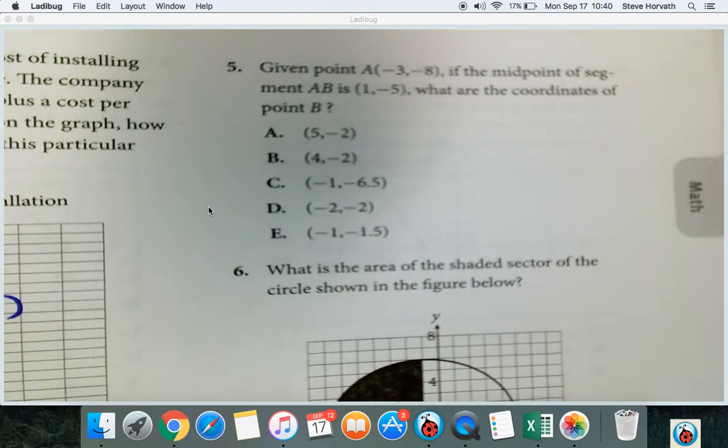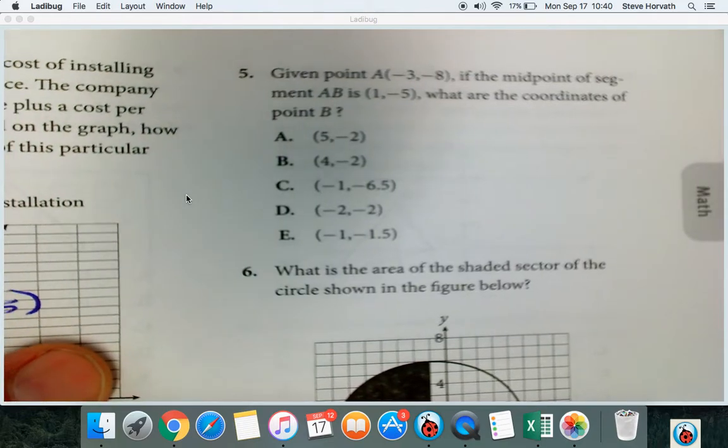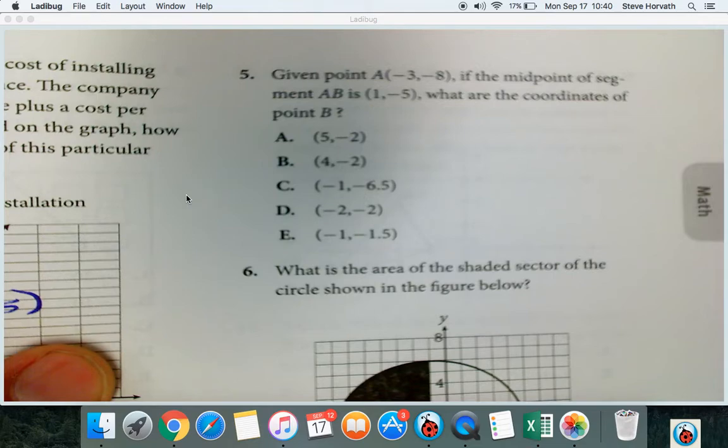Okay, similarly, number 5. We're going to do this one as well, do the math first, and then we will look at a shortcut to help us get through a problem like this. It says given point A is -3, -8, and the midpoint is 1, -5.